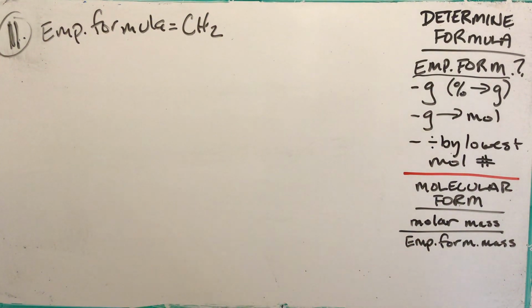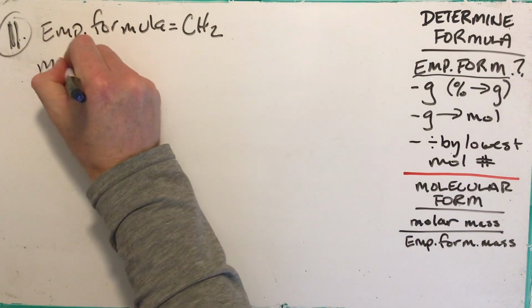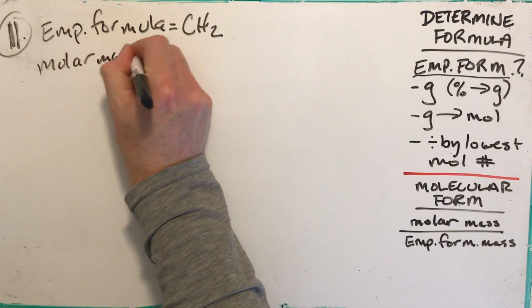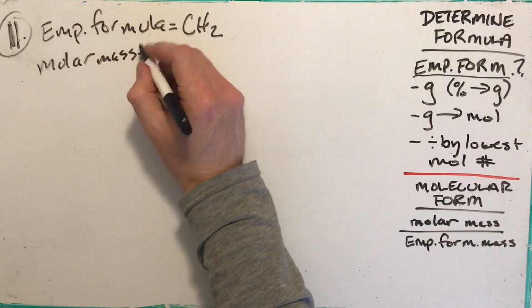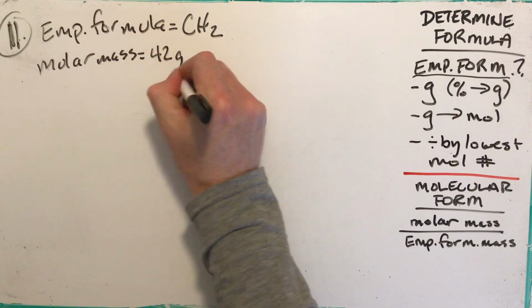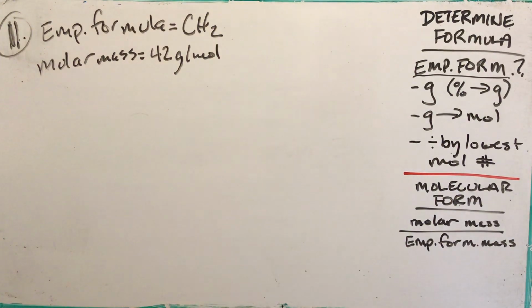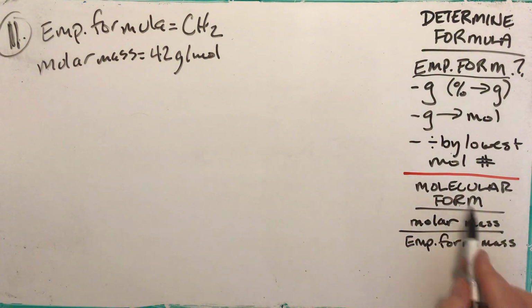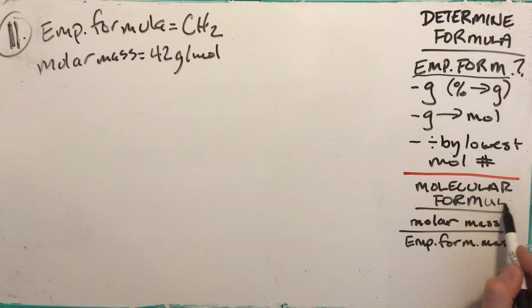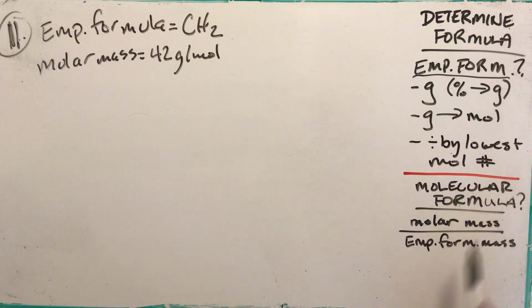All right? And it tells us the molar mass of the compound. So the molar mass is equal to 42 grams per mole. And it wants to know what's the molecular formula, right?